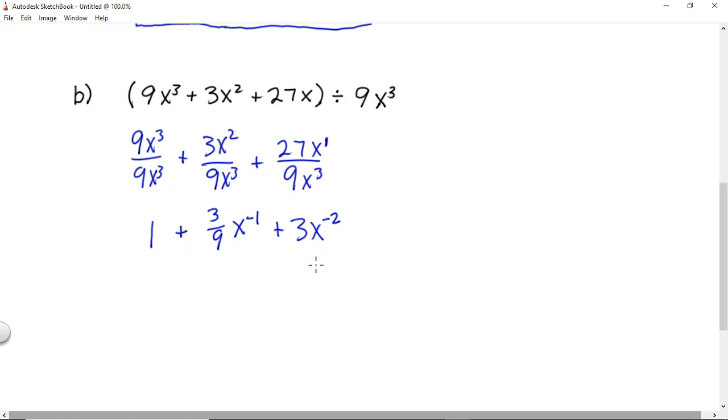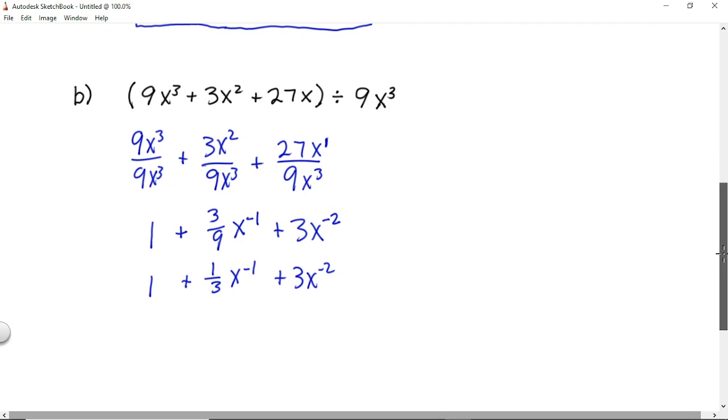Now let's go ahead in the next step and reduce that fraction. And with our first term, there's nothing to reduce. The second term, that's 3/9, so that's 1/3. And then the last one, nothing to simplify there. So we've done everything that we did in the first example, but we're not done with this one.